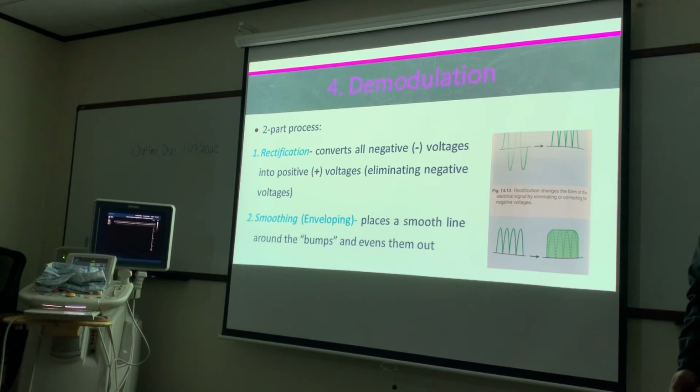Same thing like in X-ray, like in CT. It works the same way. So, first part, rectification. Negative voltages turn into positive voltages. Second part is called enveloping or smoothing. Okay? And that's going to place a smooth line around the bumps and even them out for a much smoother, a much more consistent signal.